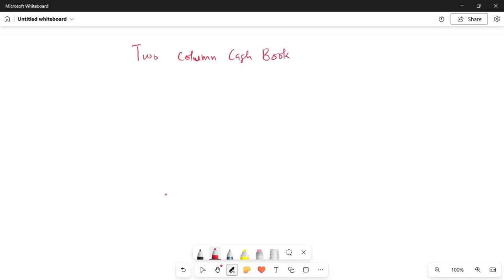What it means is we have two columns, that's the cash and bank. After that, the name of the enterprise, which is Column Enterprise.